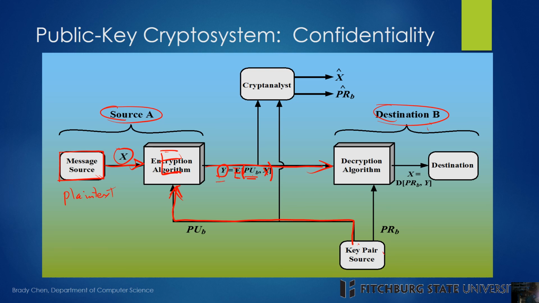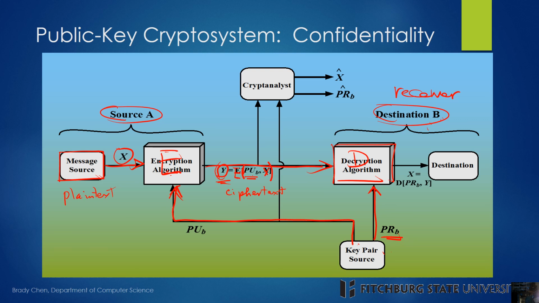And that's the ciphertext. Now, when the receiver receives the ciphertext Y, the receiver is going to use the decryption algorithm. The encryption and decryption algorithms are related, not necessarily the same algorithm. They are similar, but not necessarily exactly the same. The decryption algorithm is going to use the ciphertext Y and the private key of the destination B, the receiver.